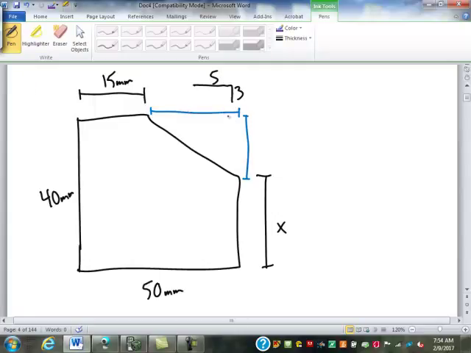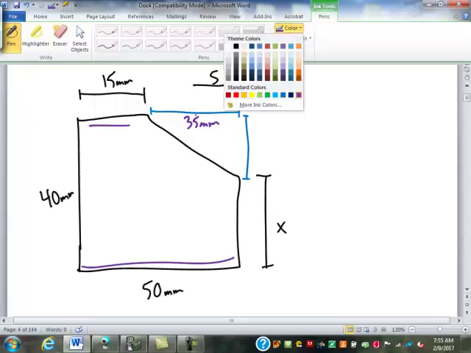We have to be able to find at least one of the dimensions of that triangle. Either the horizontal or the vertical. Which one can we find? This one right here, horizontal. It's 35. 50 minus 15 gave us 35.